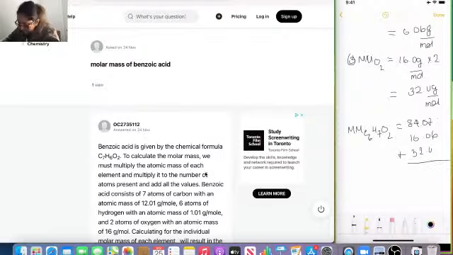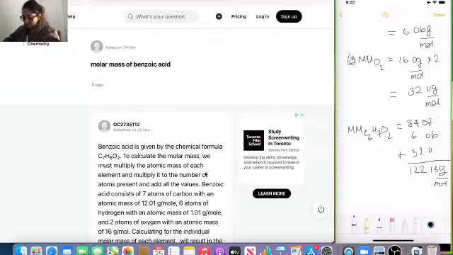We'll add this, and what we have here is 122.13 grams per mole.